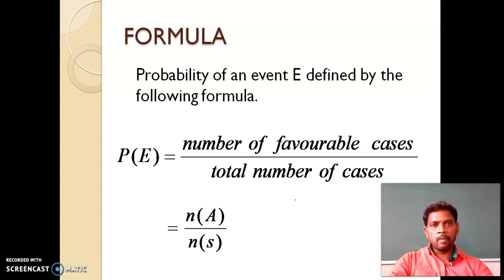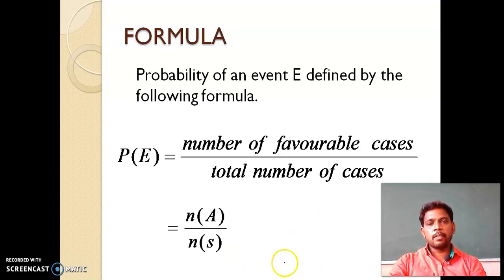Both terms are very important when you are doing probability sums, because the formula is based upon that only. So here n of A stands for number of elements in the favorable cases, and here S is nothing but number of sample spaces, that is total cases, right? So we need these two in every question under probability, right?